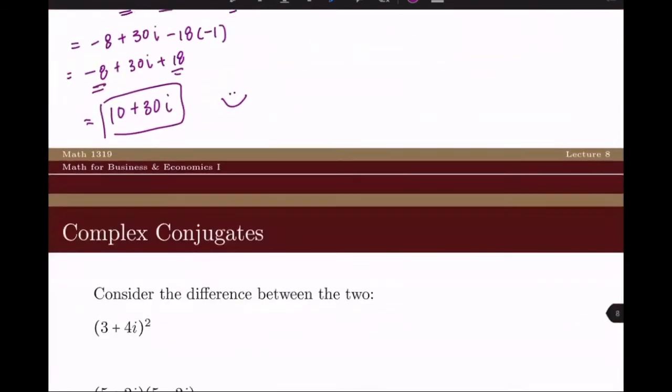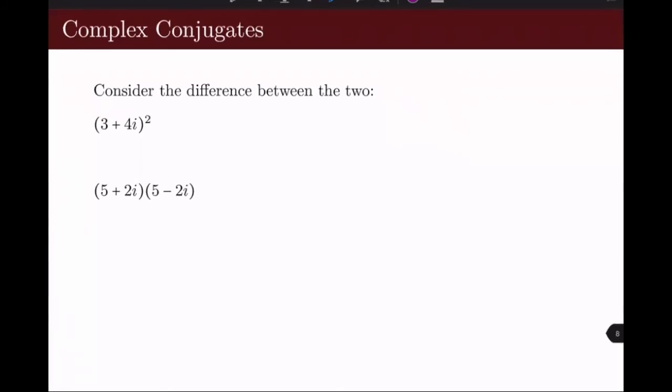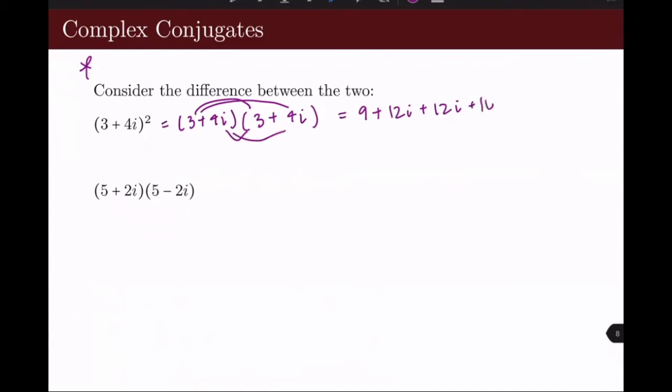All right, moving on. Complex conjugates. These are very important. They're very helpful. So let's first multiply these out. So 3 plus 4i squared is going to equal 3 plus 4i multiplied by 3 plus 4i. Using this method, I'm going to get 9 plus 12i plus 12i plus 16i squared.